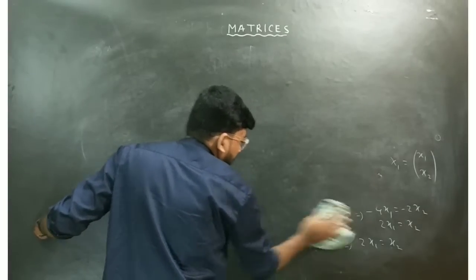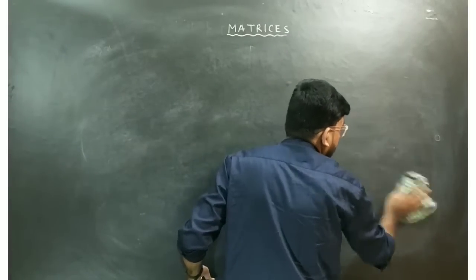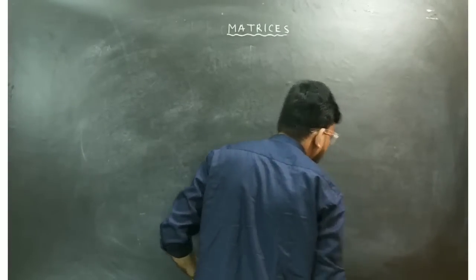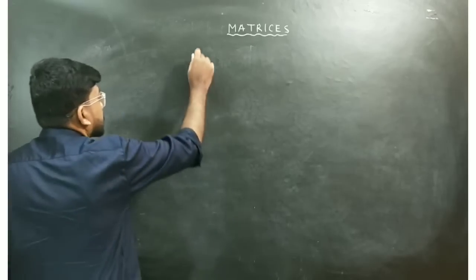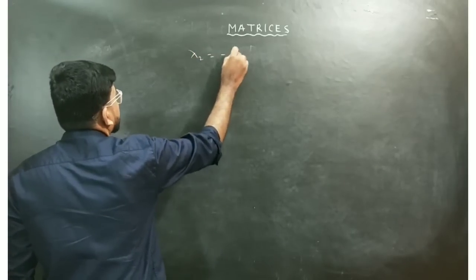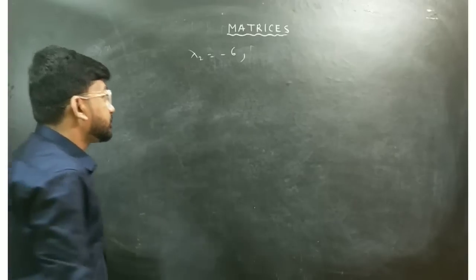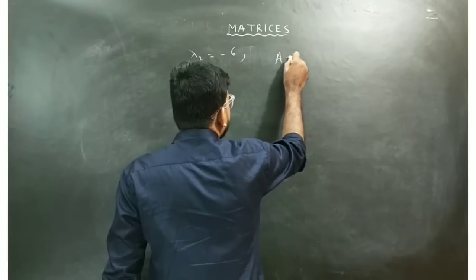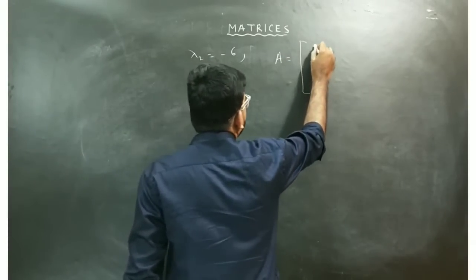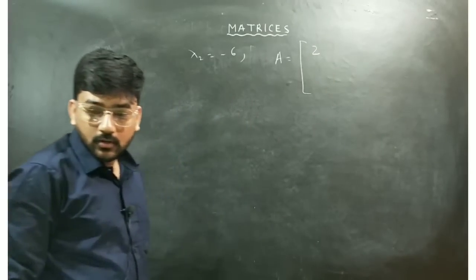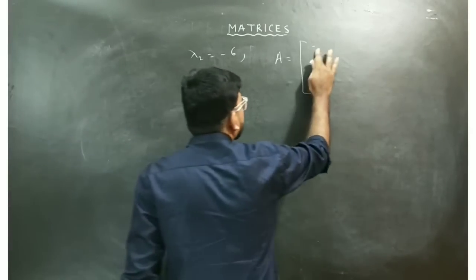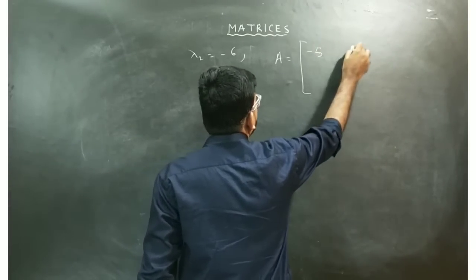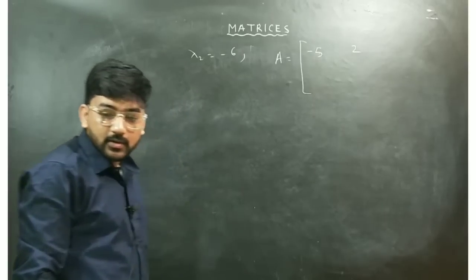Now for lambda 2 is equal to minus 6, what we have is A equal to nothing but the matrix with rows minus 5 2 and 2 minus 2.